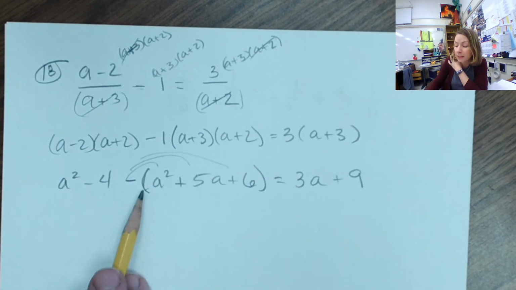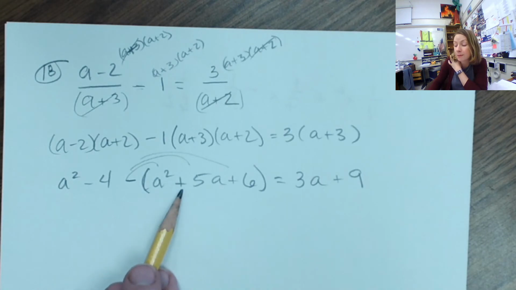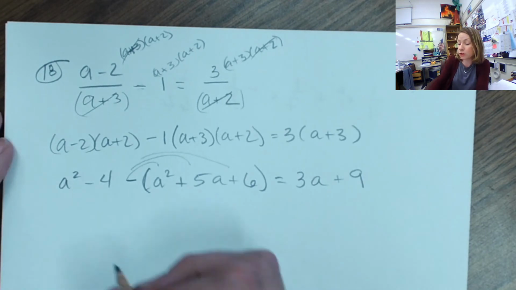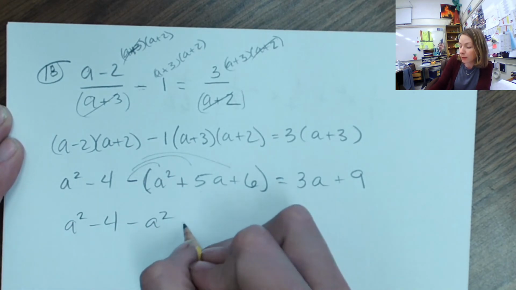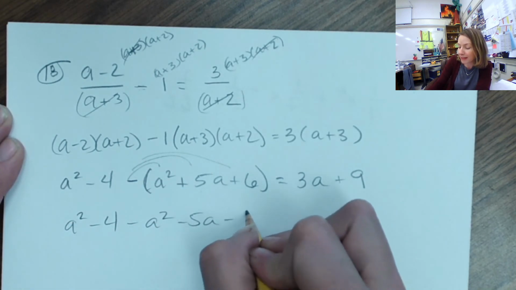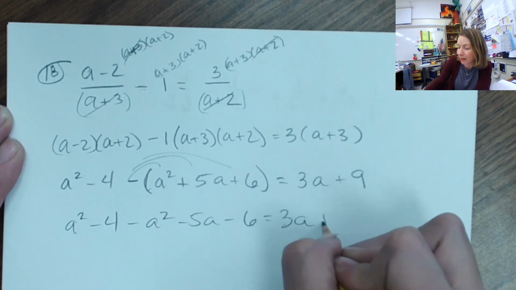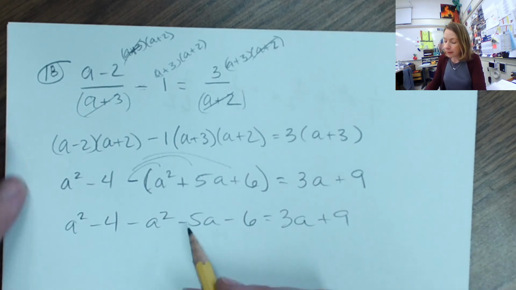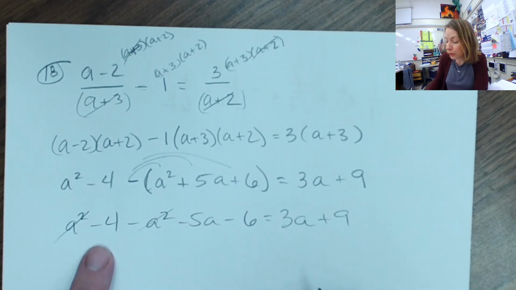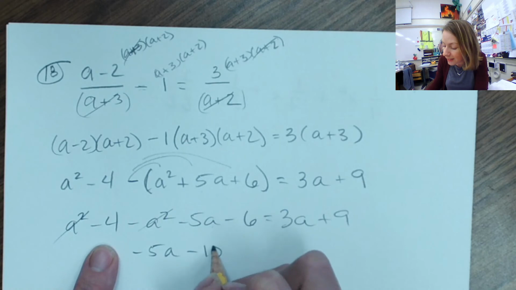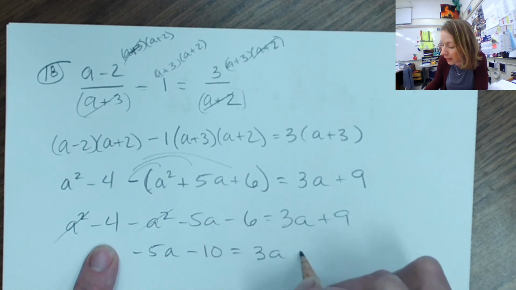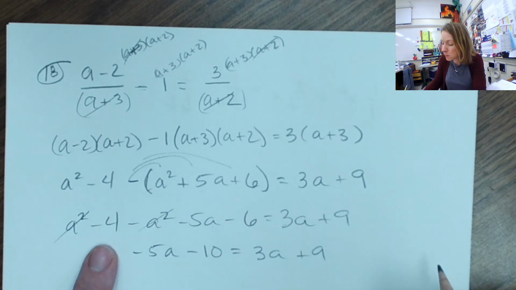It's really easy to get it to be a negative a squared, but a lot of times these ones get forgotten on that sign change. So I've got a squared minus 4 minus a squared minus 5a minus 6 equals 3a plus 9. And then, so those cancel out. So I've got minus 5a minus 10 equals 3a plus 9. Did I do that right?